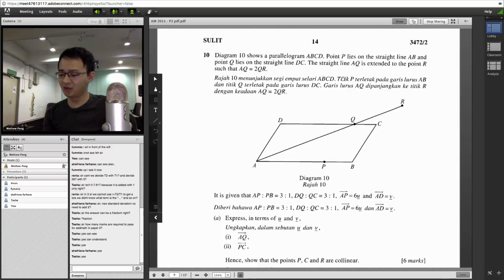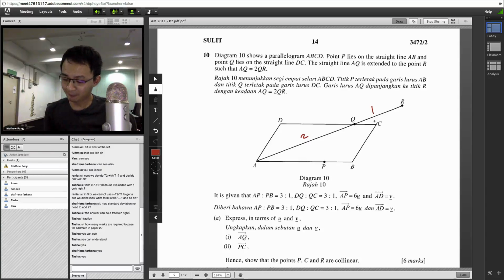The straight line AQ is extended to the point R such that AQ equals 2QR. Let's jot down some information. AQ equals 2QR, that means the ratio here will be 2 and the ratio here will be 1. AQ itself is double of QR.